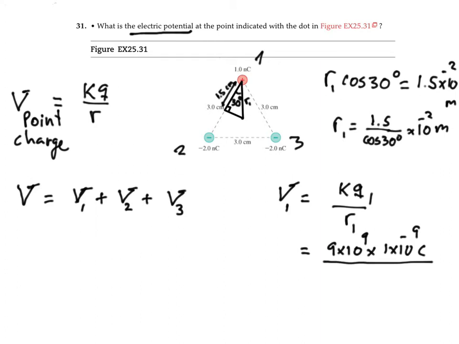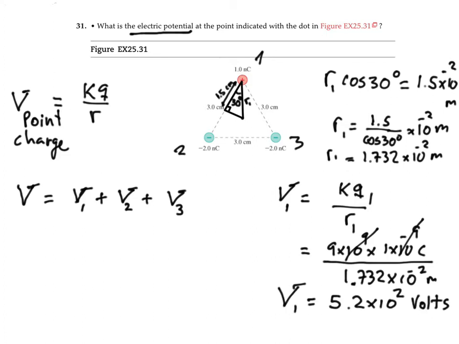And solving for R1, we get 1.732 times 10 to the minus 2 meters. So we know that distance now, R1, we plug it in the equation. And notice that 10 to the 9 and 10 to the minus 9 in the numerator will cancel. And the answer for V1 is 5.2 times 10 to the 2 volts, or 520 volts.